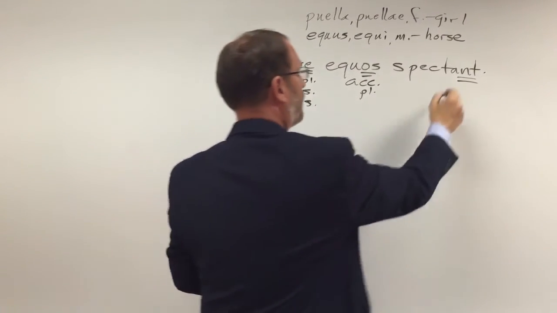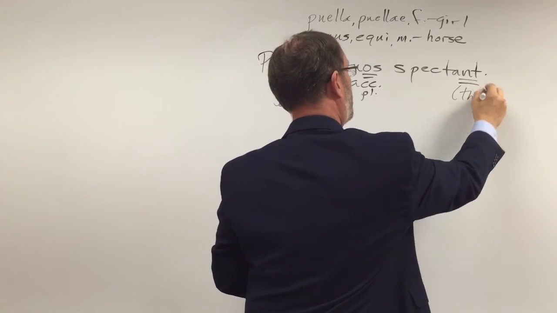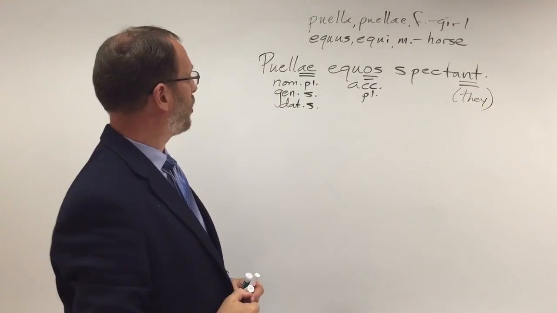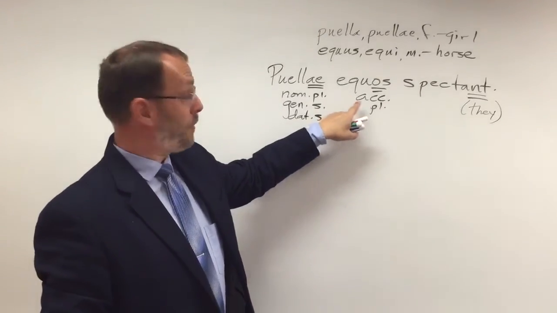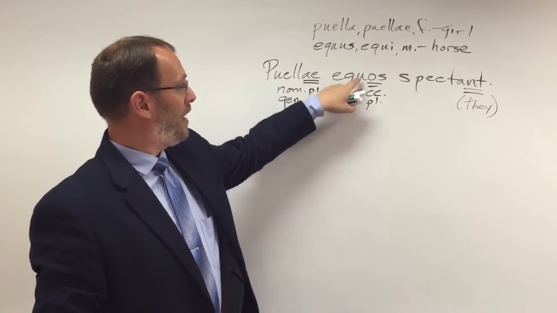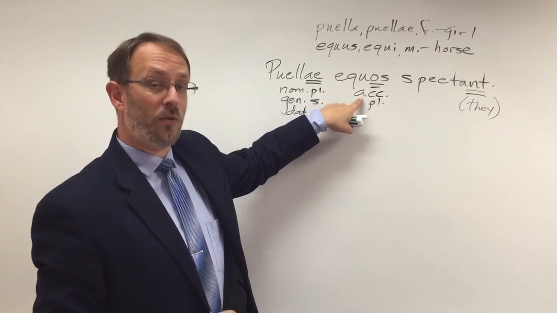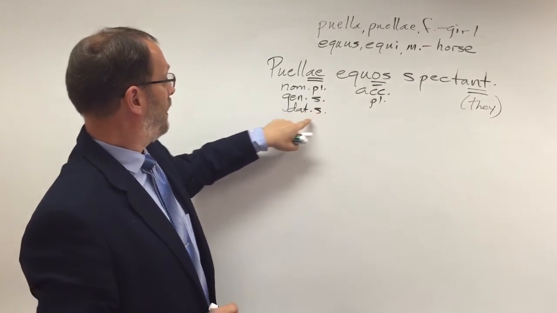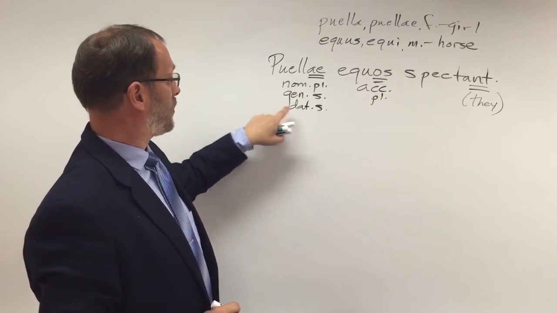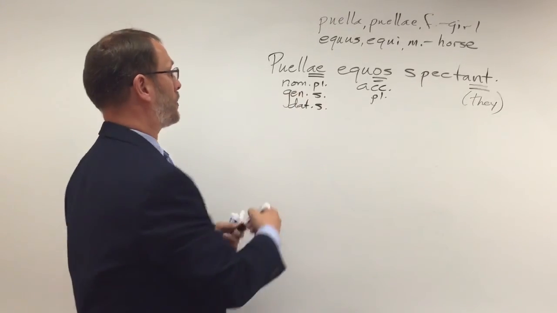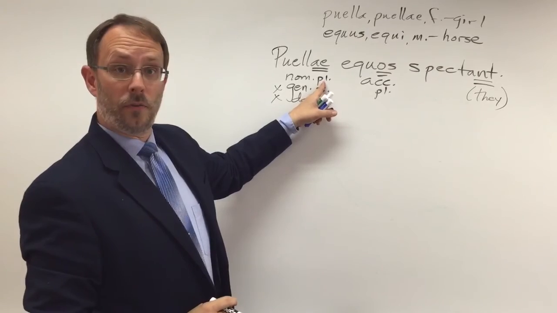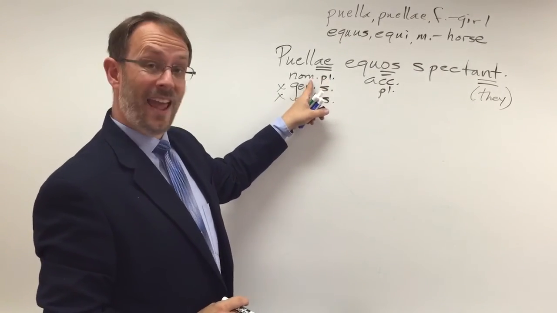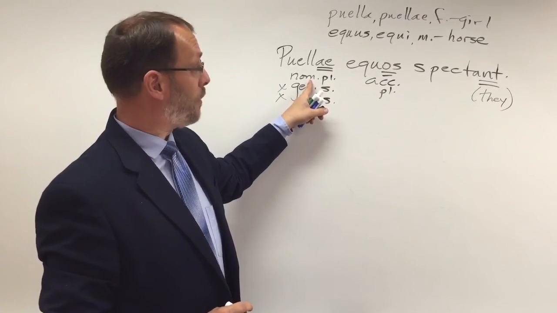If you recall, that means they are doing something. So I need some plural subject. I say, well, okay, can horses be the plural subject? It's plural. But that OS says it's accusative. So that tells me the horses are not doing the action. Now, genitive and dative here, those are both singular forms, so I know those can't be right. But sure enough, puellae can be plural and nominative, which makes it the subject.